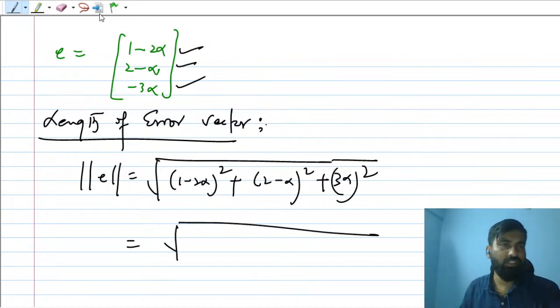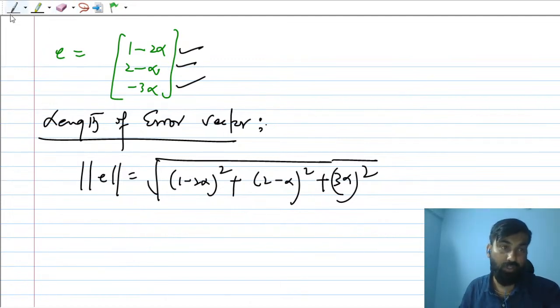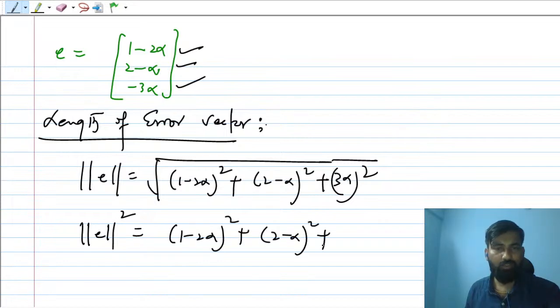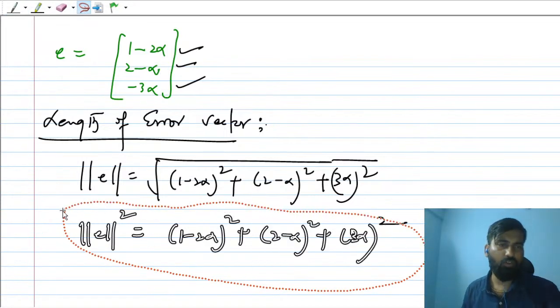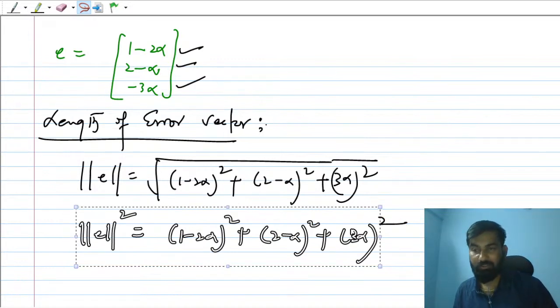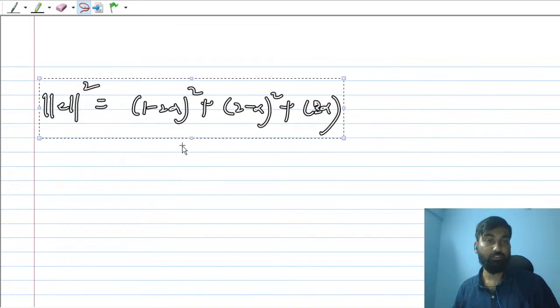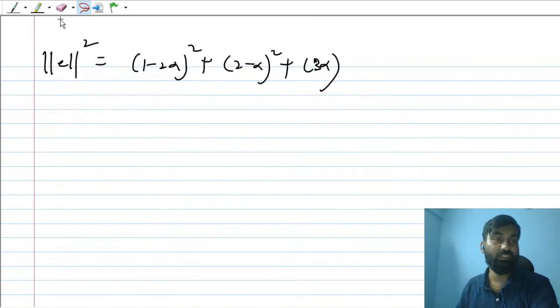You can also take the square of the length in order to remove this square root. So it is going to be (1 minus 2 alpha) square plus (2 minus alpha) square plus (3 alpha) square. Now you can further solve this, and then you can minimize in order to find the value of alpha, that coefficient. The actual problem is to determine the value of the coefficient by minimizing the length of the vector, right?